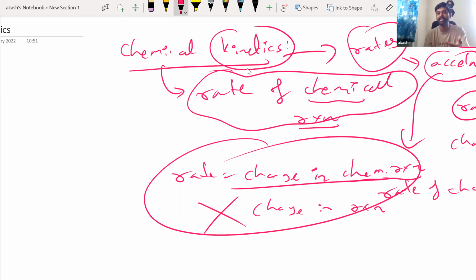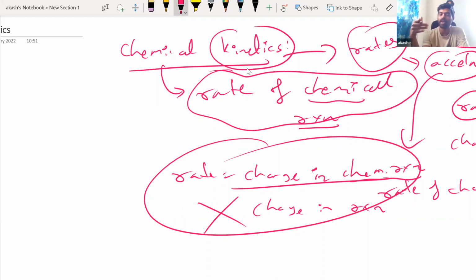What quantity is changing? Some number, what is that number which is changing in case of a chemical reaction? Moles of reactant. Good. Yes, number of moles of reactant keeps on changing. Number of moles of product also keeps on changing. Yes, absolutely.